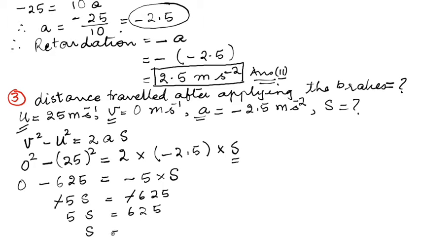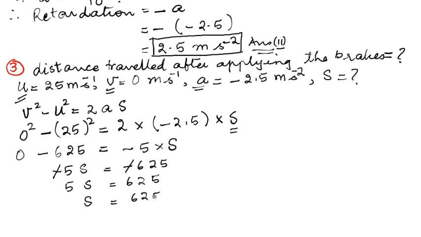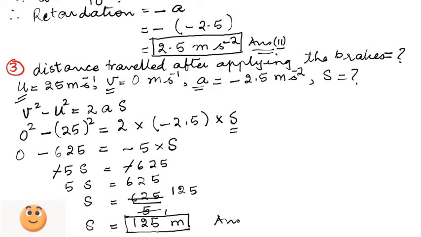So s will be equal to 625 upon 5. 5 ones are 5 and 5 goes 125 times. So our s is 125 meter. This is the distance traveled after applying the brakes, and this is our answer 3.